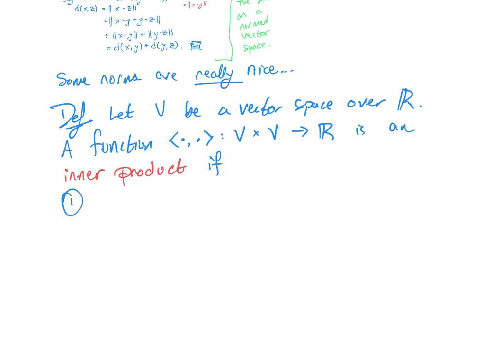Now, these aren't quite the same, although they're very similar. The first rule of inner products is, if you take the inner product of x with itself, that is non-negative.